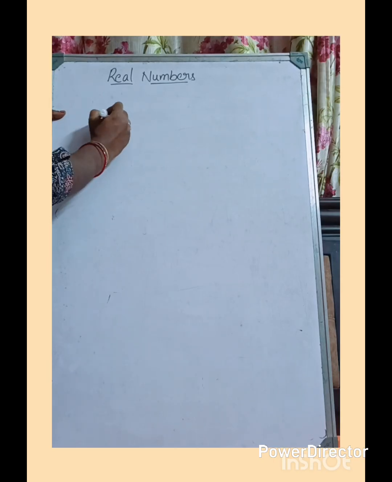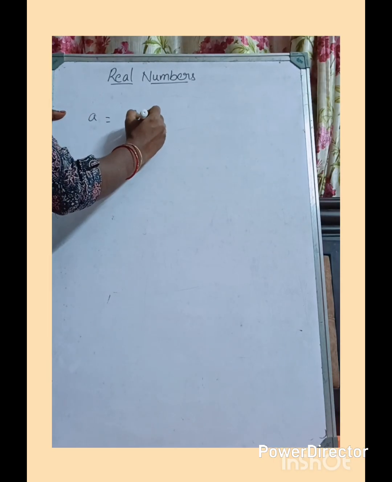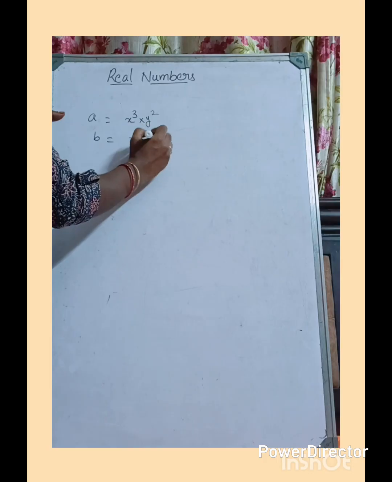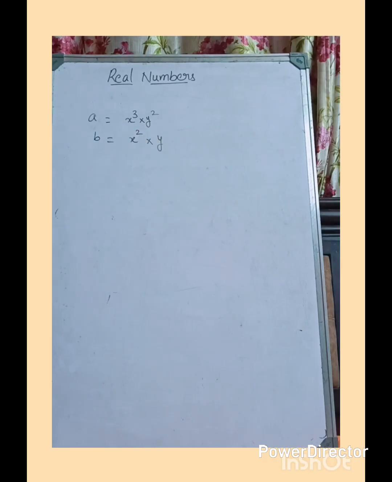Now we have seen with numerical values how to find the HCF and LCM of the given numbers. Now they will give variables, like A is one number with the prime factorization x cube y square, and B is the number with the prime factorization x square y. Then they are asking us to find the HCF and LCM of the given numbers.